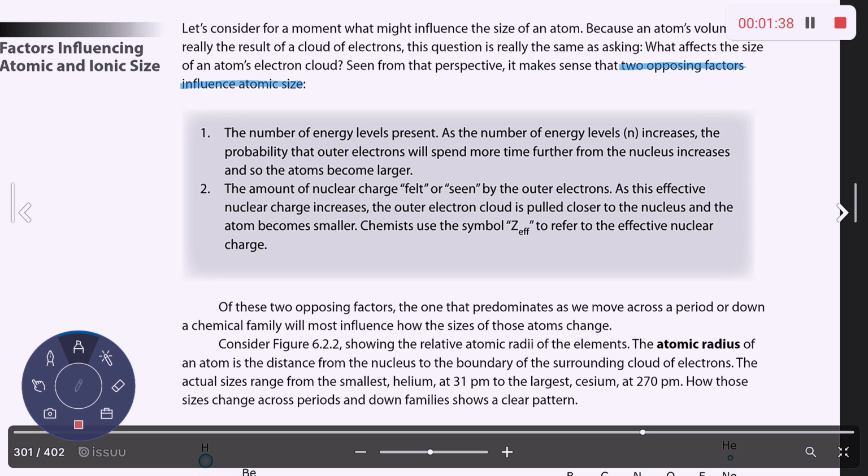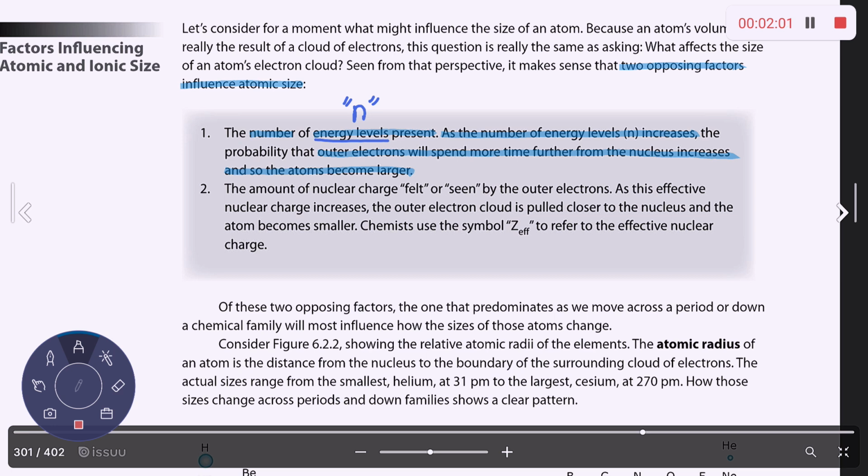The first one is the number of energy levels present. That means we're talking about the Ns. As the number of Ns increases, meaning as you go down a group on the periodic table, the outer electrons will be further and further from the nucleus, so the atoms will become larger.